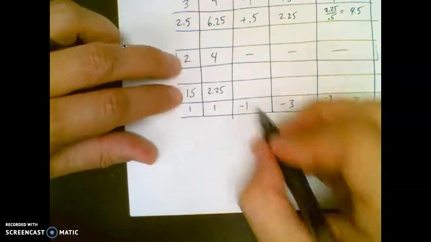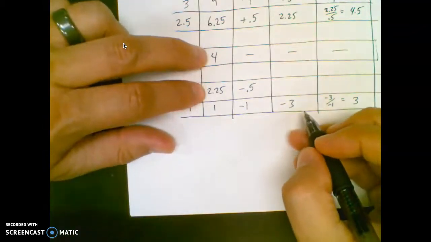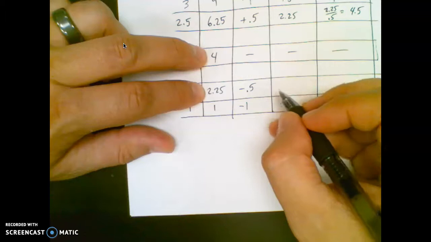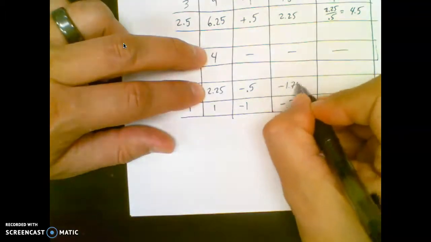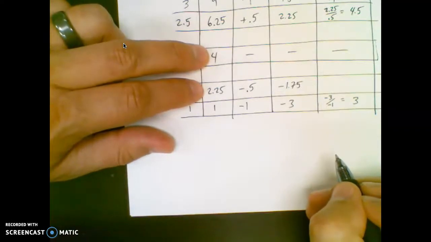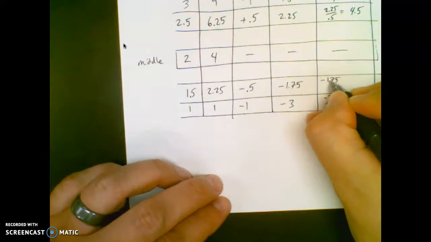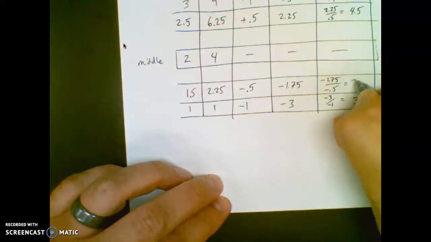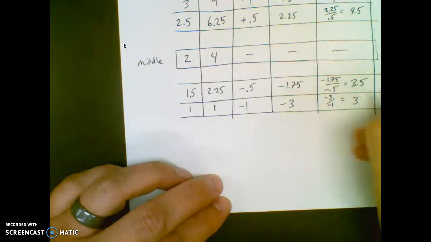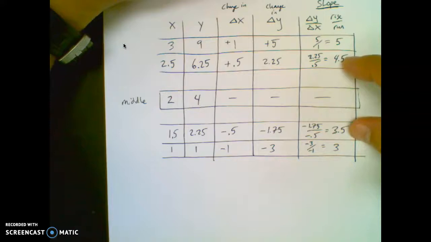What's my change in x? It went down a half. My change in y went down 1.75 from there to there. If I take negative 1.75 divided by negative 0.5, I get 3.5. Ooh, my bet's looking good. So my real slope at that point is somewhere between these two.